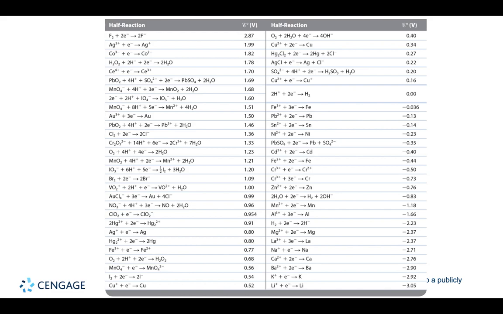On this standard reduction potential table, we look for our zinc reaction and we look for our copper reaction. The reaction I want is the one where copper plus 2 adds 2 electrons to become copper neutral. And that is the second row of the right column. So find that on this chart. Copper plus 2 plus 2 electrons yields copper, 0.34 volts.